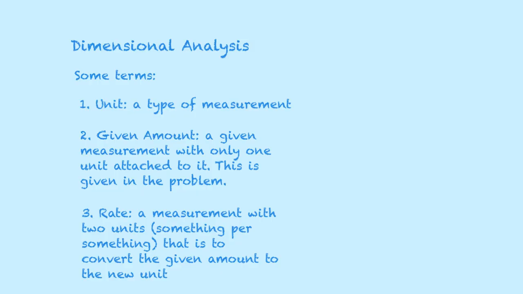A rate is a measurement with 2 units, usually stated as something per something, like kilometers per hour, meters per second, or grams per milliliter, that is used to convert the given amount to the new unit. So you're given the given, which sounds stupid, and then you figure out the rate, and then do the math. That's what we're going to show you how to do: set this up with a given amount times the rate to get the change.